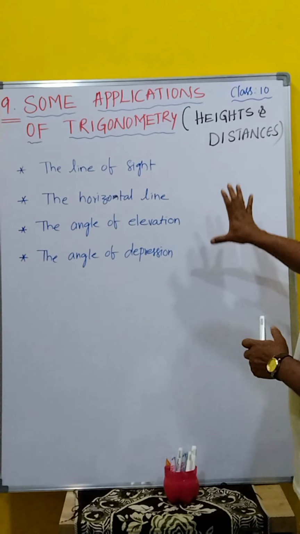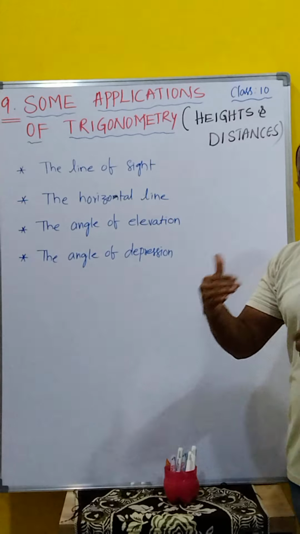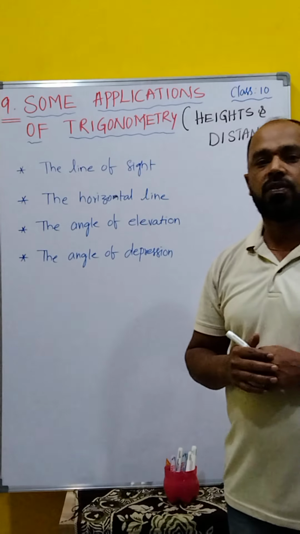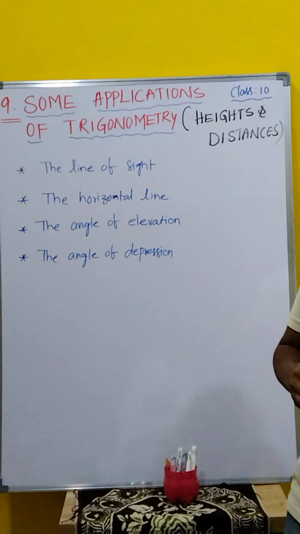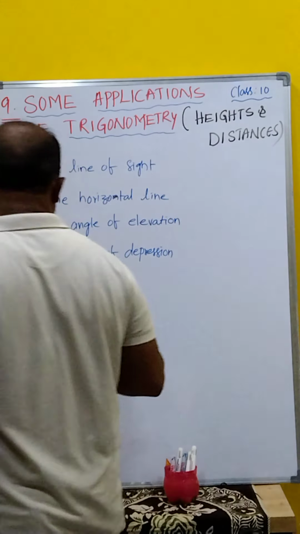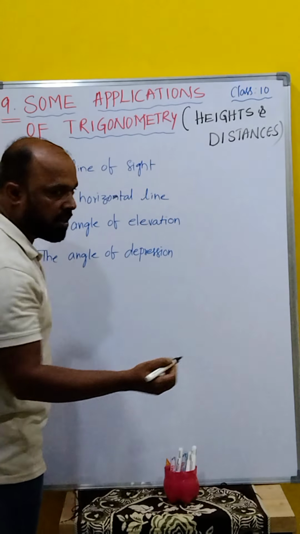Before going to some applications of trigonometry, first we will just recollect the knowledge of introduction to trigonometry. We already know this, but still, what are the ratios? Now we know there are 6 ratios in trigonometry.